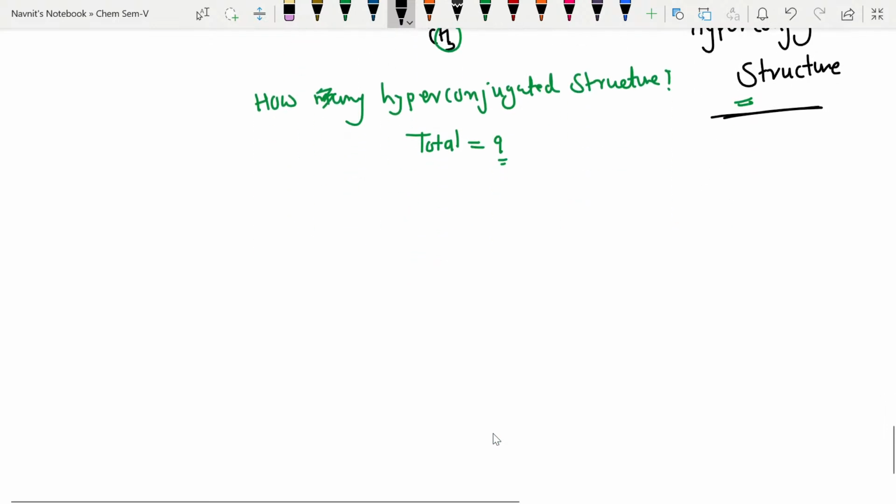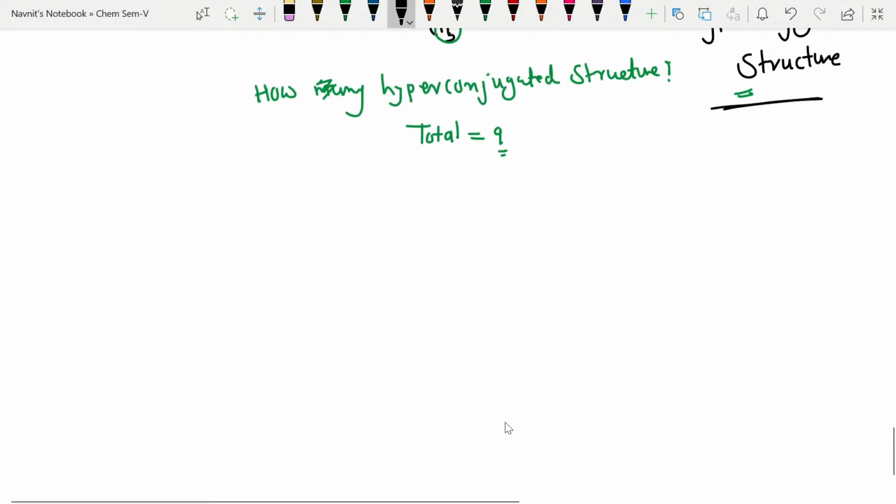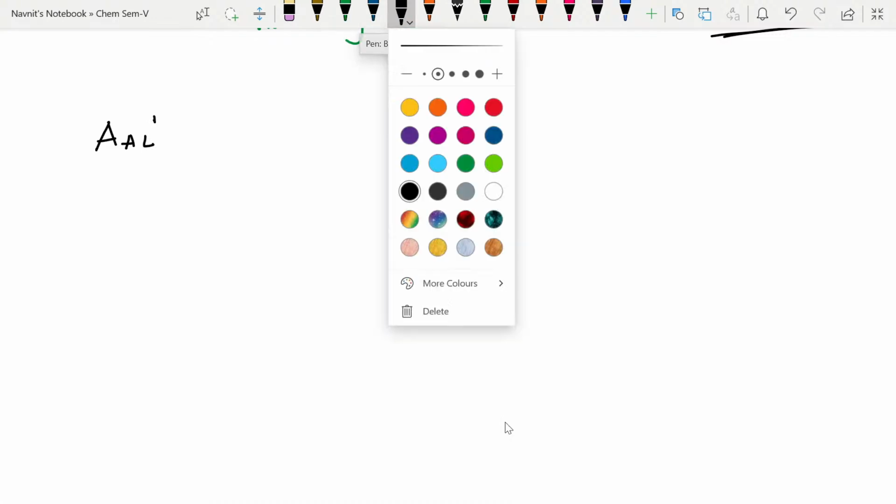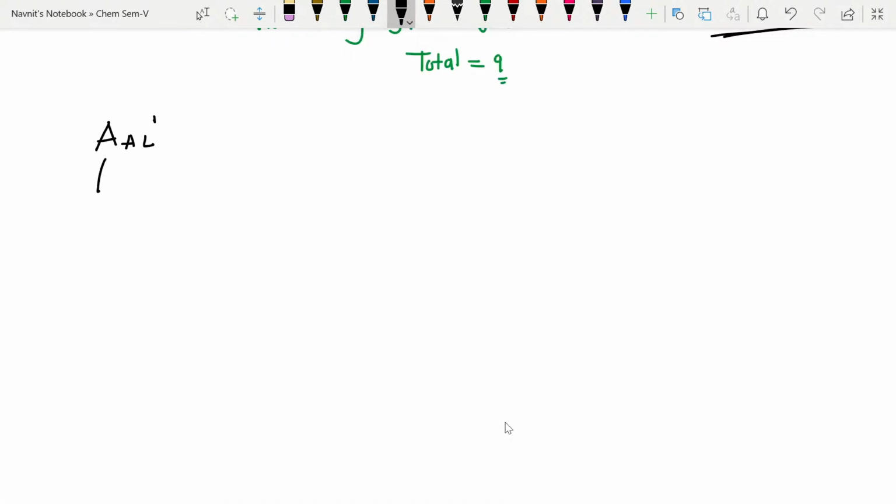Okay. Now the next mechanism that we are going to discuss is AAL1. What does AAL1 mean? A stands for acid catalyzed.